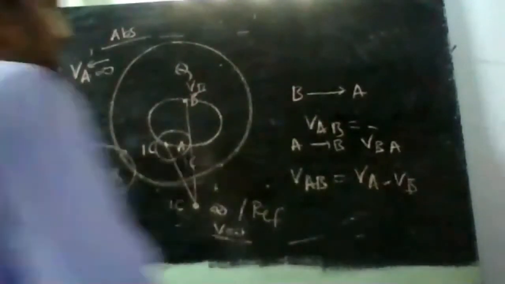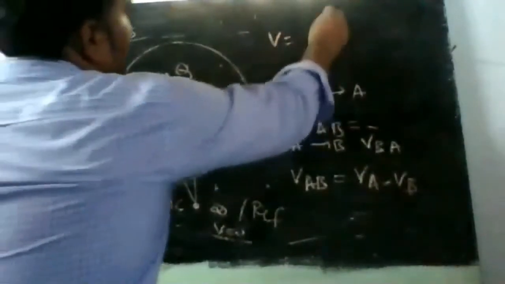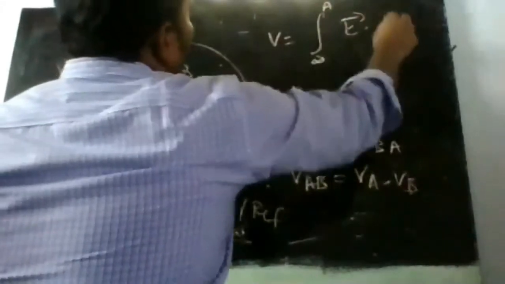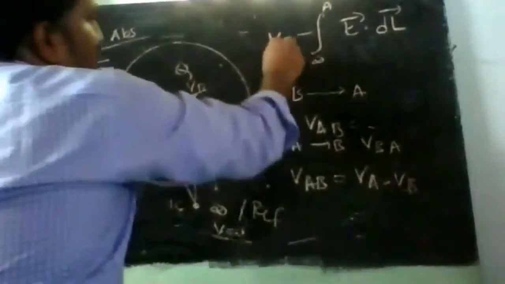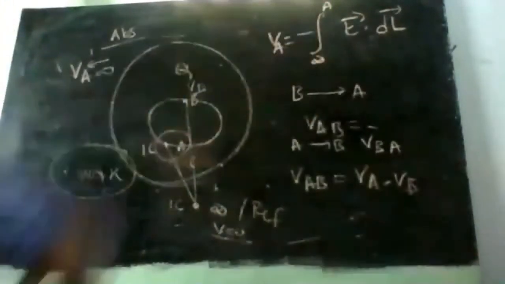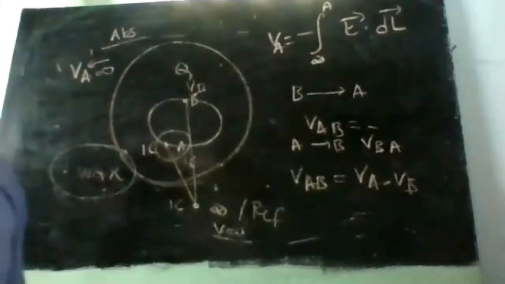The potential V we write as the integral from infinity to A of E bar dot dl bar. So this is the absolute potential of A. The second point that we take is infinity.